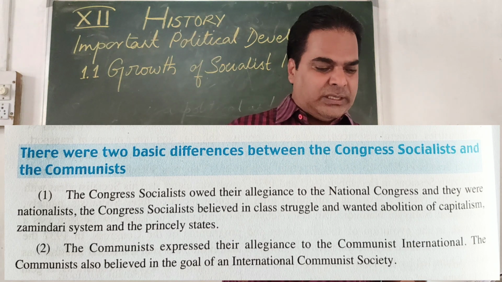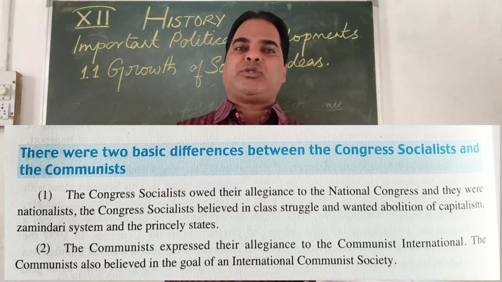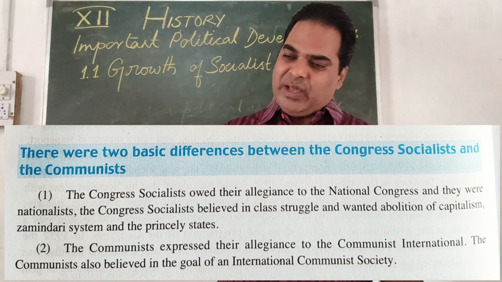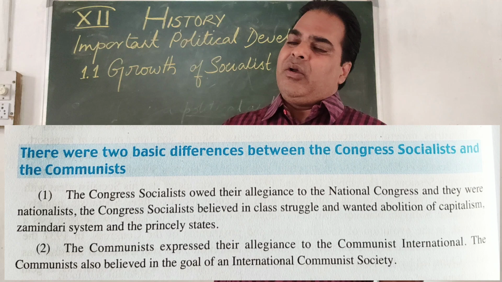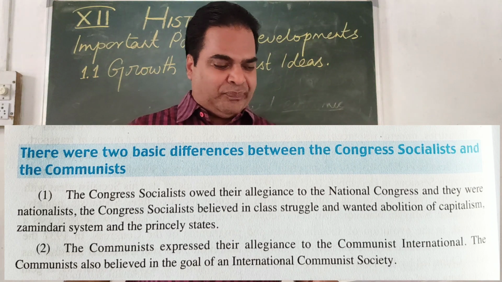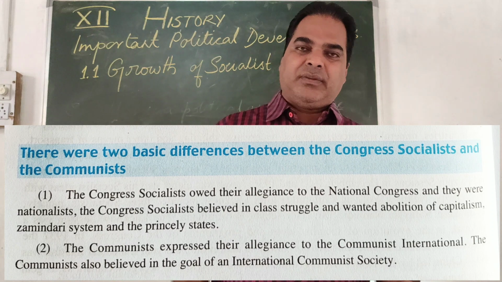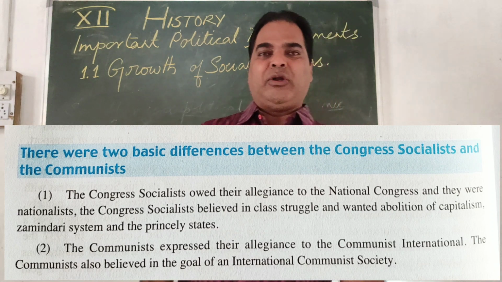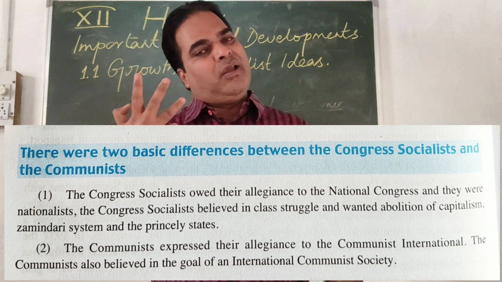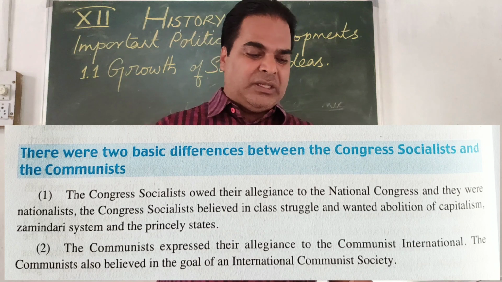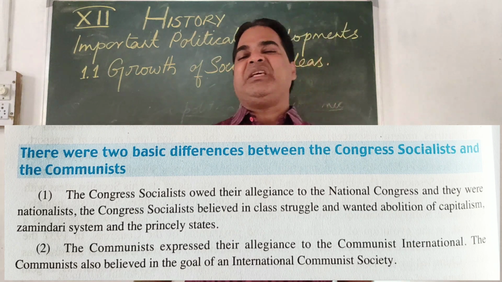The Congress socialists owed their allegiance to the National Congress, and they were nationalists. Whatever they were doing, it was for their nation. They believed in class struggle and wanted to abolish capitalism, the zamindari system, and the princely states.